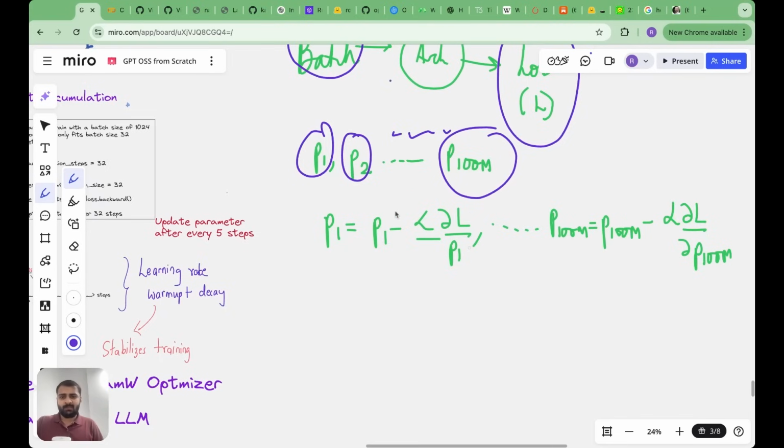For demonstration, I'm showing a gradient descent based update where the first parameter will be P1 equals P1 minus alpha times the gradient of loss with respect to P1. Similarly, we'll update these 100 million parameters, and this will proceed for the number of iterations for which I want to run my training loop. That's the simplest version of pre-training.